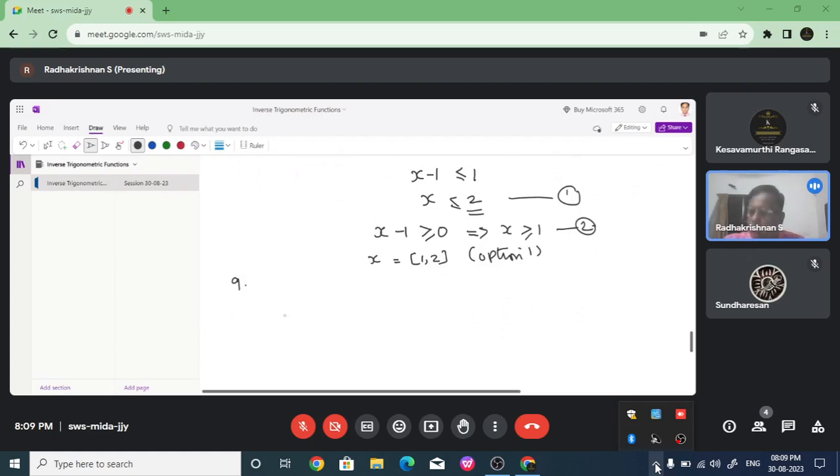If x equal to 1 by 5, find the value of cos inverse x plus 2 sine inverse x.